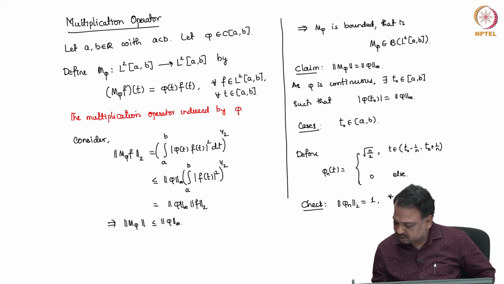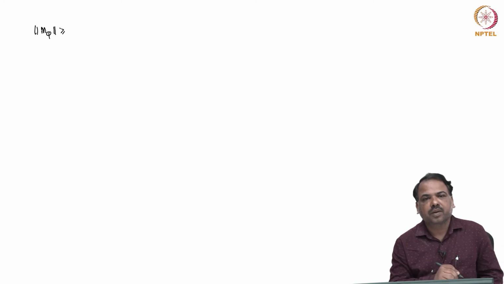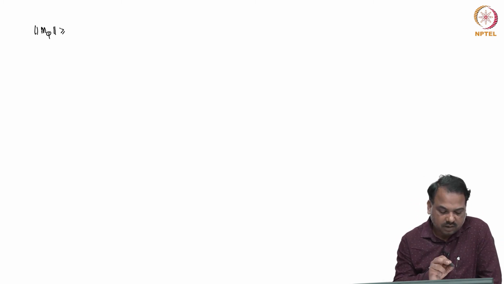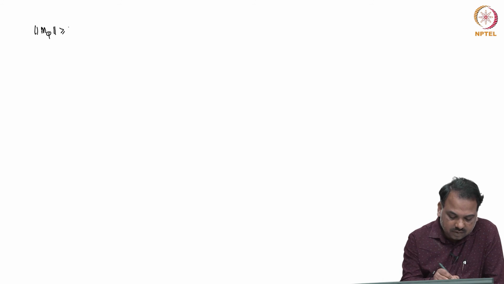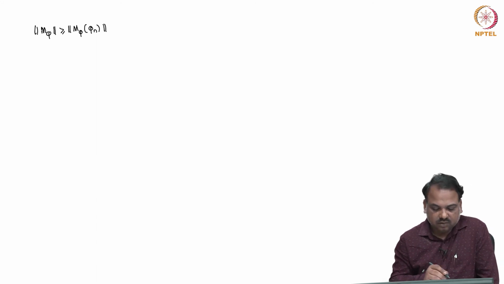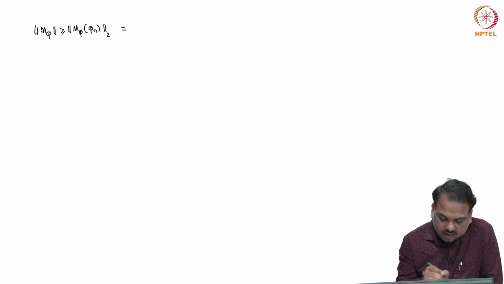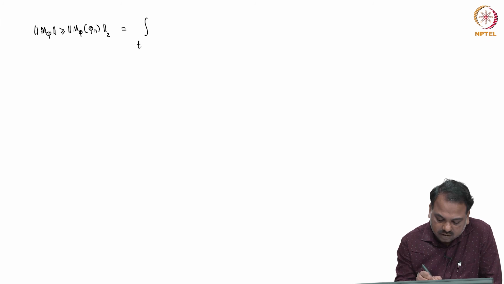Again we know that the norm of the operator is always bigger than or equal to the norm of the operator evaluated at a point. So we can say that the norm of M phi evaluated at phi n is the integral; phi n is supported on the interval t naught minus 1 by n, t naught plus 1 by n.